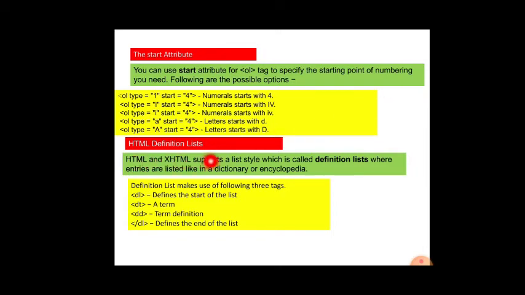Next is the HTML definition list. HTML and XHTML support a list style called the definition list, where entries are listed like in a dictionary or an encyclopedia.